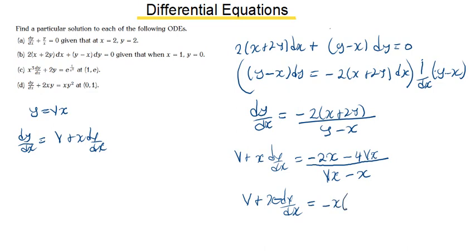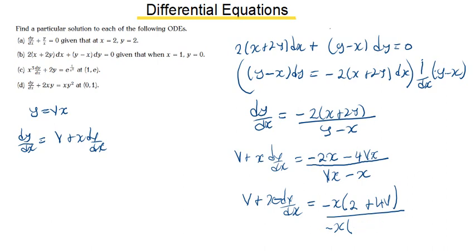Having done that, I'm going to remain with a 2 here, then plus 4v, like that. Then divide by, down here, I'm also going to factor out the negative x. Then my v at this point is going to be negative v plus 1.